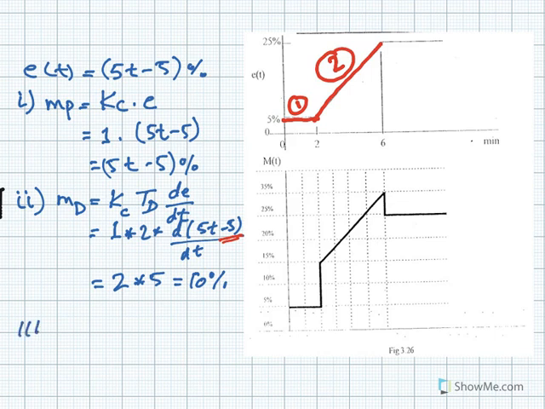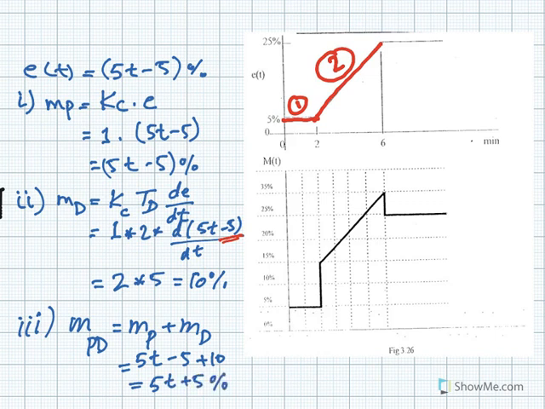The third part is to find the total, the MBD, which equals the MB plus MD. So here we have 5t minus 5 plus 10 in percentage equals 5t plus 5%.